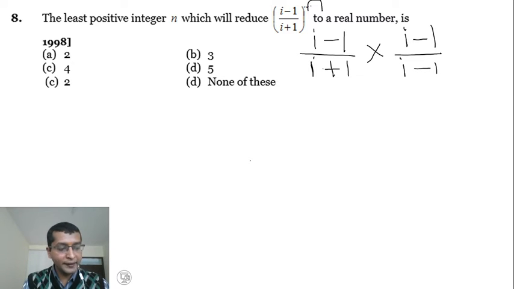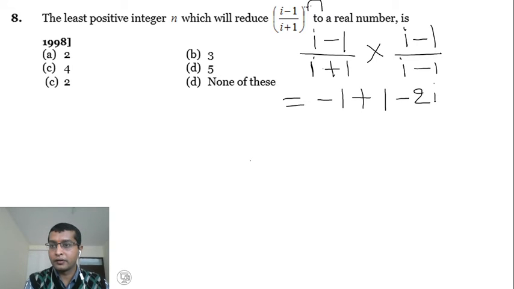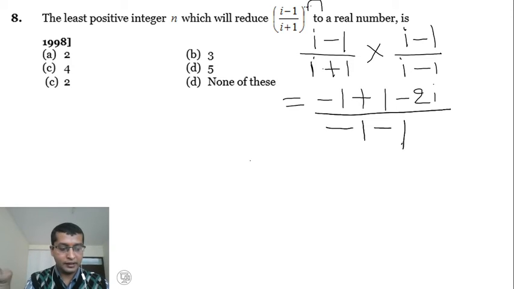The numerator is of the form (a minus b) whole square: a square minus b square, that is 1 square is 1, minus 2ab, minus 2i, whole divided by the denominator, which is of the form (a plus b) into (a minus b), a square minus b square. i square is minus 1, and this is a minus 1 like this.